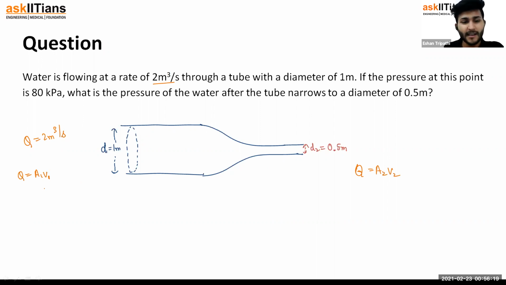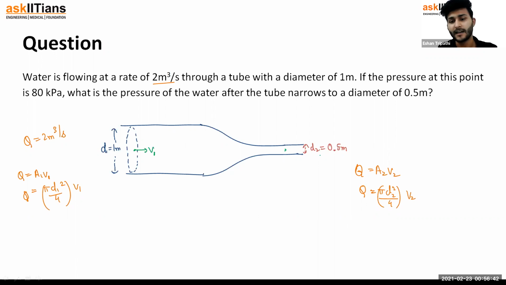Area is pi d1 square by 4, so pi d1 square by 4 into V1 equals Q, and pi d2 square by 4 into V2 is also equal to Q. So from these relations, we can find the speeds at which liquid is flowing, faster at the narrow point of course.